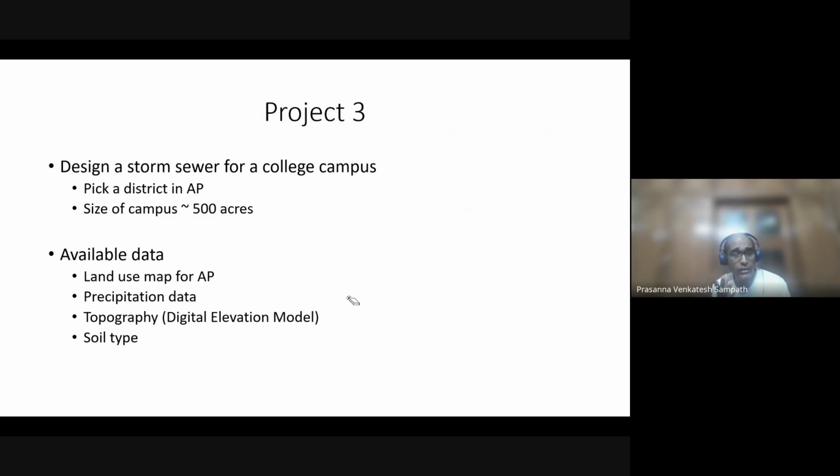It will depend on the peak amount of runoff that is going to be produced by this campus, right? The amount of runoff produced by this campus determines the size of that storm sewer. When I say storm sewer, I mean you will have to decide whether it is going to be a trapezoidal cross section or a rectangular cross section or some other cross section that you want to decide.